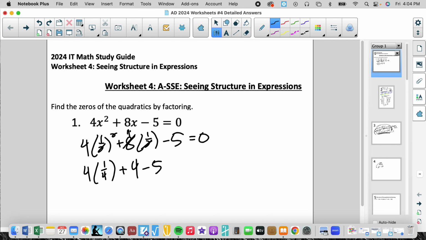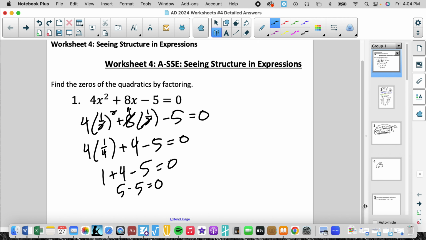And 4 times 1/4 is 1. And 1 plus 4 is 5. And 5 minus 5 is 0. Bing! So when x equals 1/2, it produced my 0.